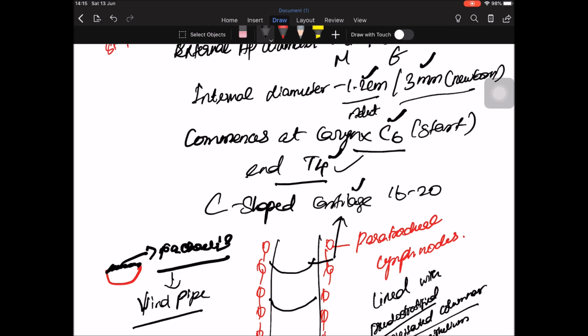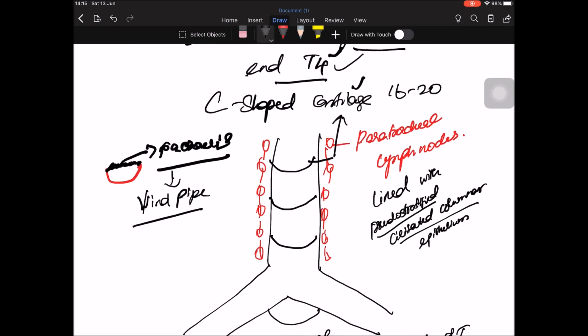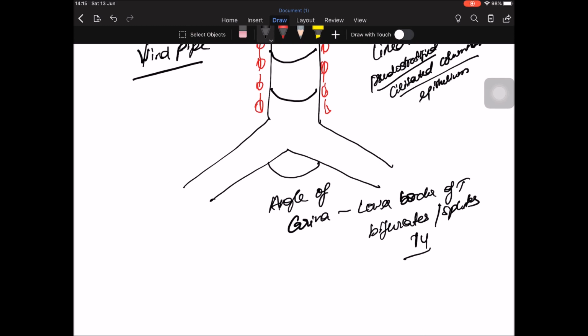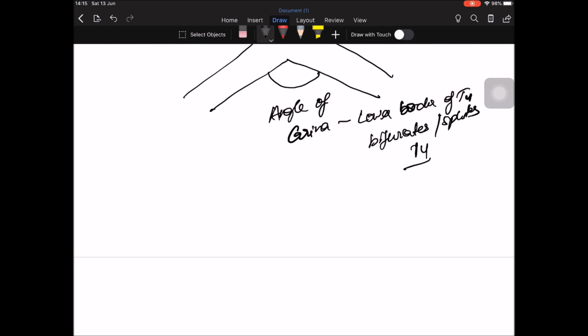We have C-shaped cartilages, 16 to 20 in number, and at the posterior aspect we have the trachealis muscle, which helps in inspiration and expiration for breathing. In the lateral aspects we have paratracheal lymph nodes, and the trachea is lined with pseudostratified ciliated columnar epithelium. And you have to know that the angle of the carina is at the lower border of T4, where the lower part of the trachea bifurcates.